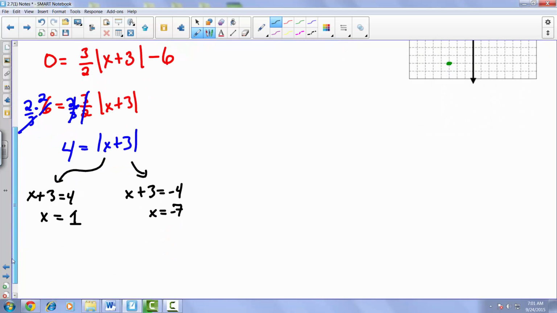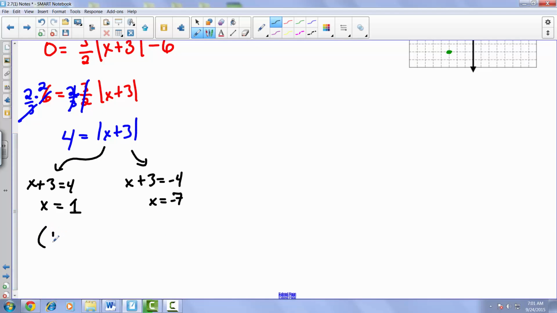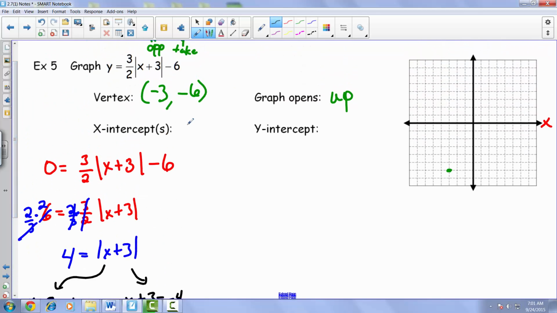So it looks like our x-intercepts are happening at 1, 0 and -7, 0. So graphically, those are right here and right here.